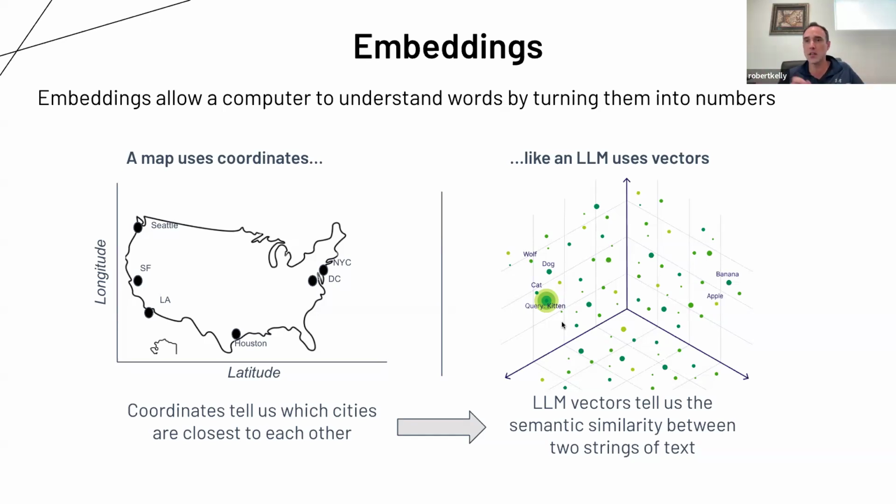We all speak English and can tell that that is the truth, right? A kitten is a young cat. Whereas if we compare kitten to banana, those are really far from each other. And that makes sense also. They don't have a similar meaning at all. So just like we use longitude and latitude to encode location for cities, we can also use embeddings with an LLM to encode meaning for words, and then compare those meanings to one another.